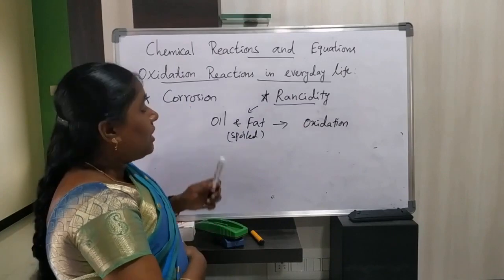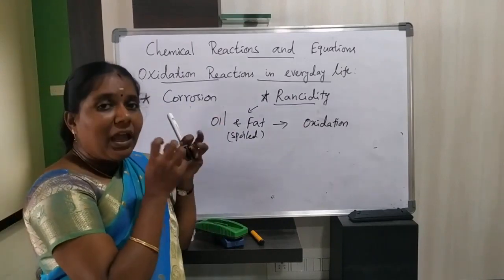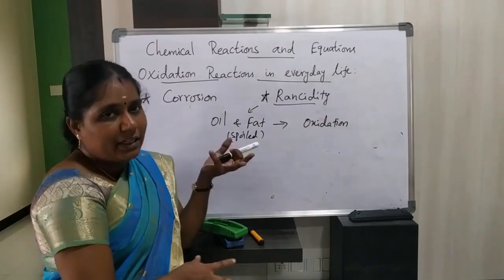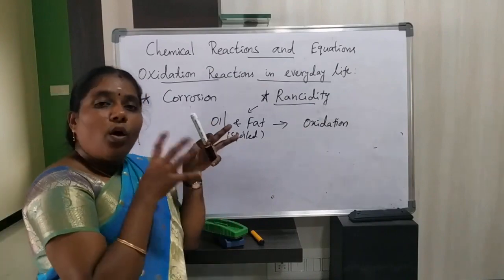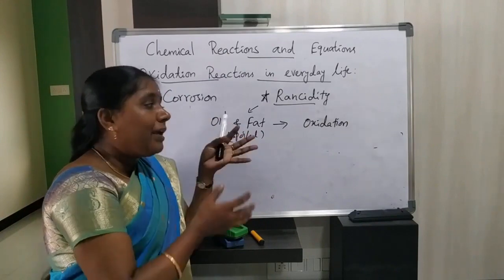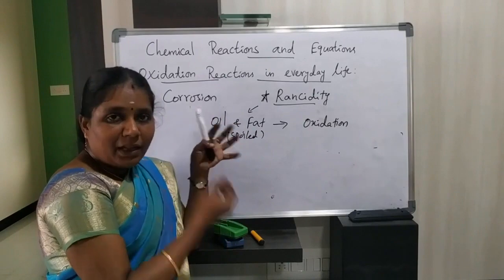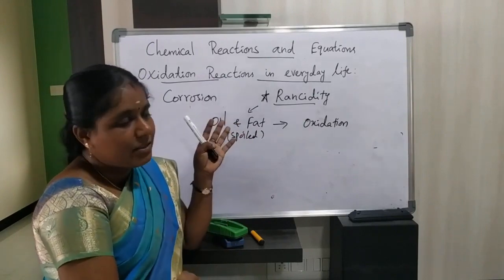The oxidation process. Due to this process, it makes a bad smell and taste. This process is called rancidity. That is, oil and fat items, with the help of oxidation, develop a bad smell and taste, which is called rancid or rancidity.